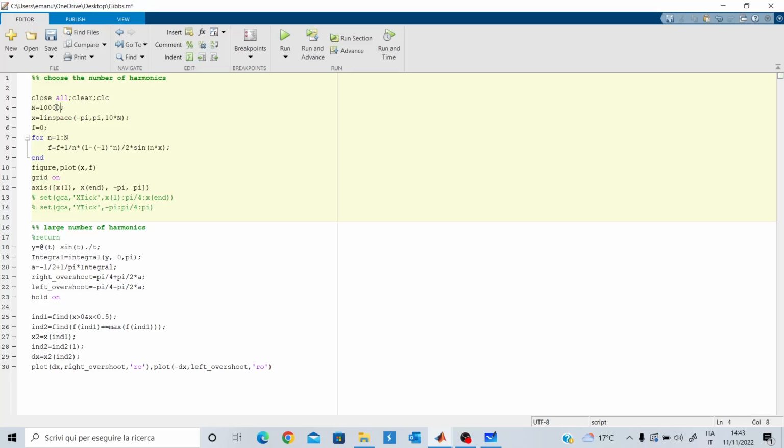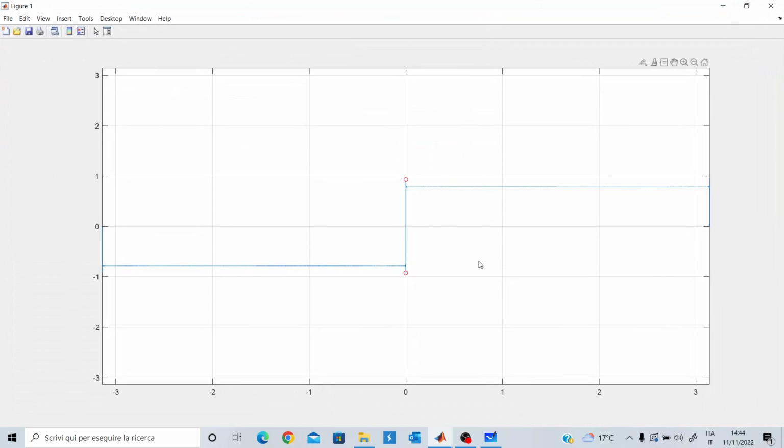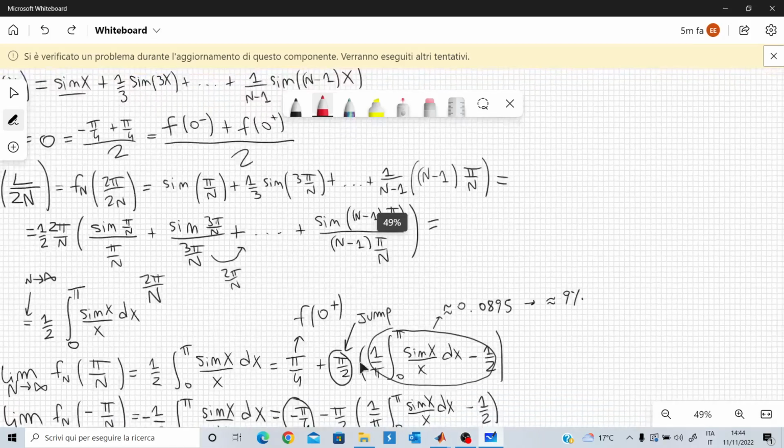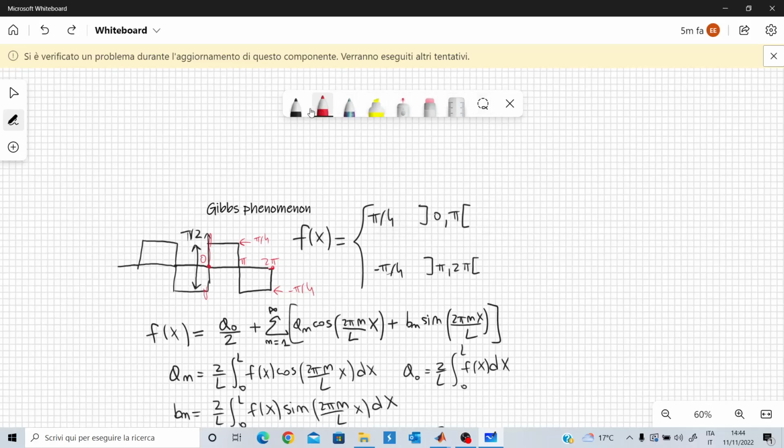So let's do 10,000. In this case, it will take longer to make this calculation because there are a lot of harmonics and Matlab will take more time to show me the result. But here it is. Now here you can see that this function is getting closer and closer to the function that we approximated, namely this function here, which repeats periodically.